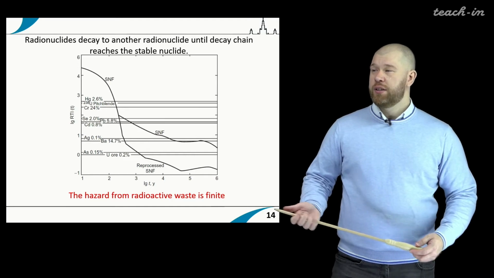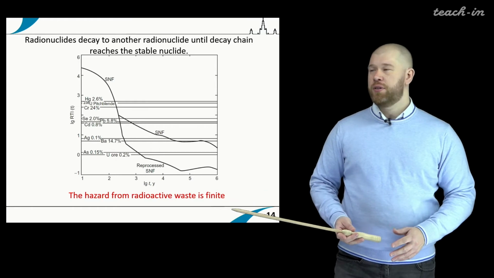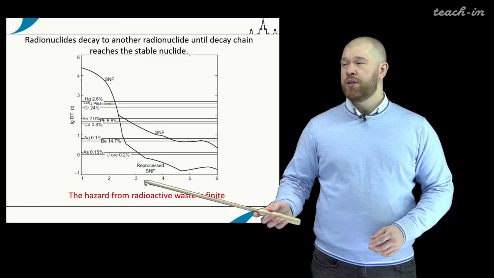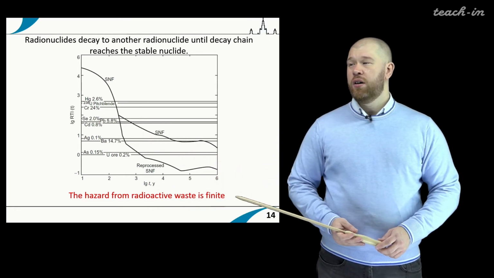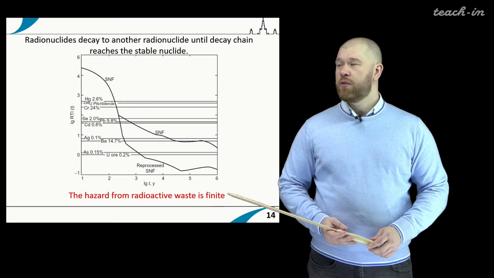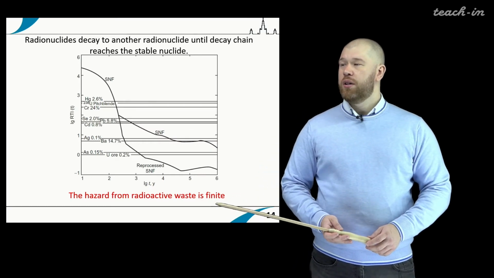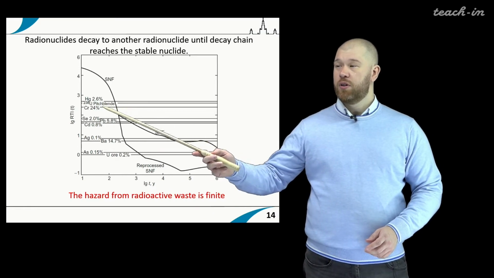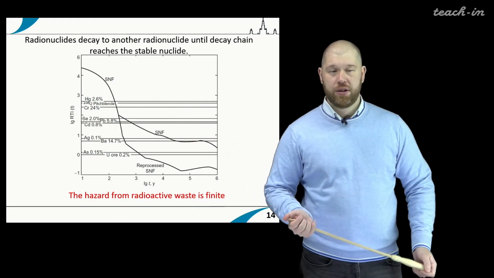And this is a comparison of relative toxicity of different waste. And you can see that for many waste containing heavy metals like mercury or cobalt or cadmium, the relative radiotoxicity doesn't change with time, of course, because these elements are stable.